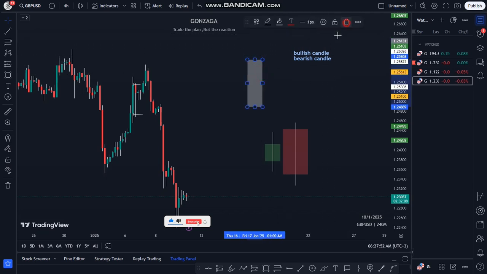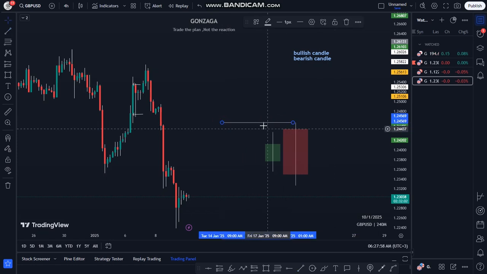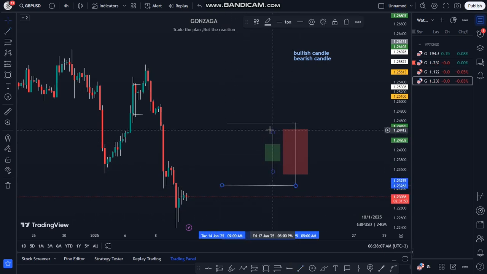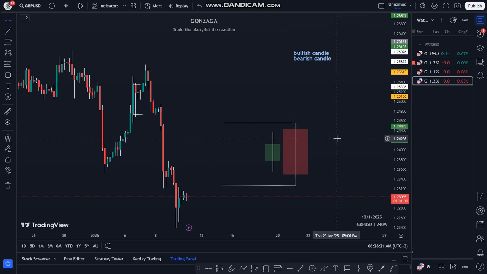Just looking at them, you can use simple lines: the opening and the closing of this green candle are within the opening and the close of this red candle, so it's engulfed by this red candle. So whenever you see such a pattern, the market is trying to tell you now we are going down. Actually, a quick tip is that these patterns always work effectively in bigger time frames, beginning from at least 30 minutes to the higher time frames.